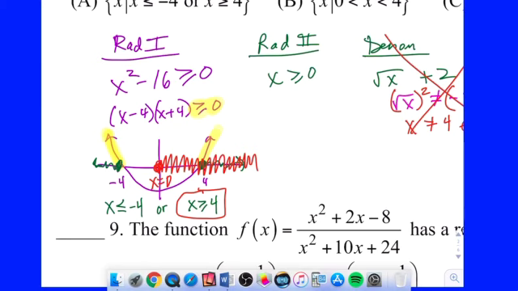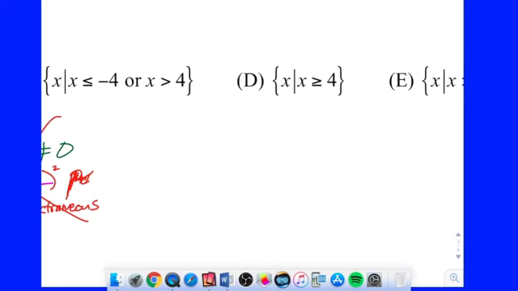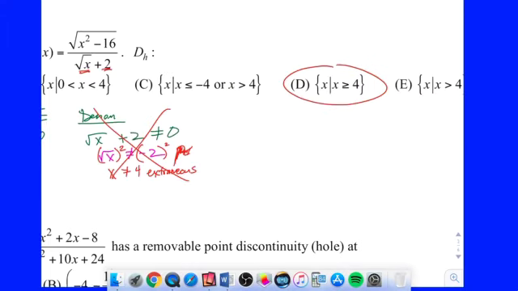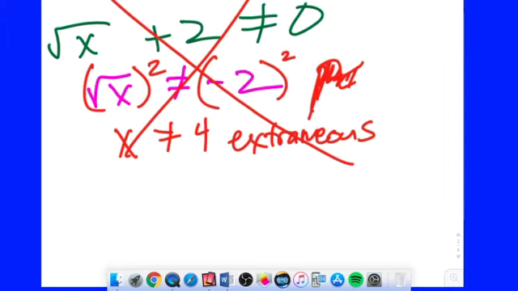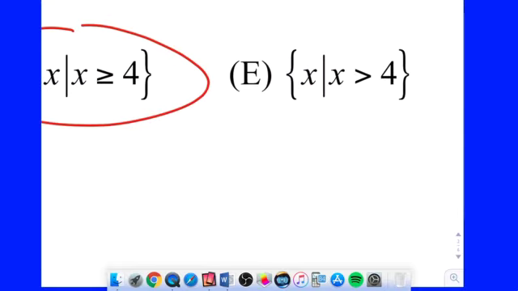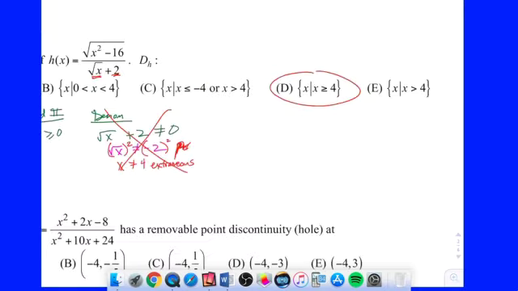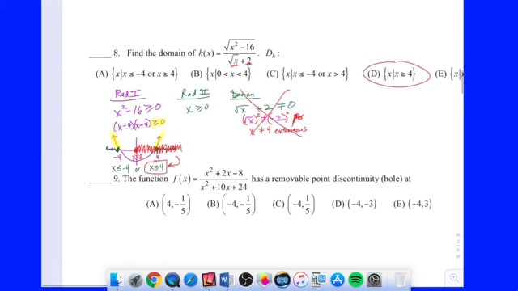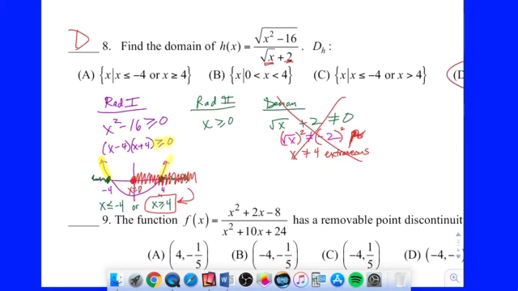Unfortunately, I don't get to use the negative part over here because is negative 4 greater than 0? It has to work everywhere. And so that's why x has to be greater than or equal to 4. That is your answer. And of course, if you threw out the 4 without checking it, that's answer choice E. But it doesn't cause a 0, all right? You have to choose the domain that works for everything.